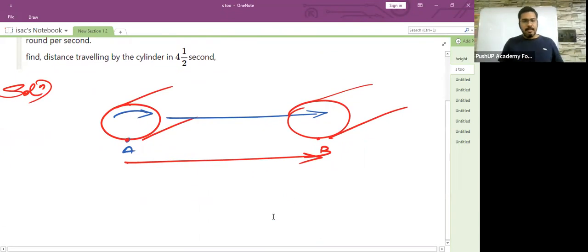Children, imagine this is the cylinder. Okay, this is the aerial view of the cylinder.